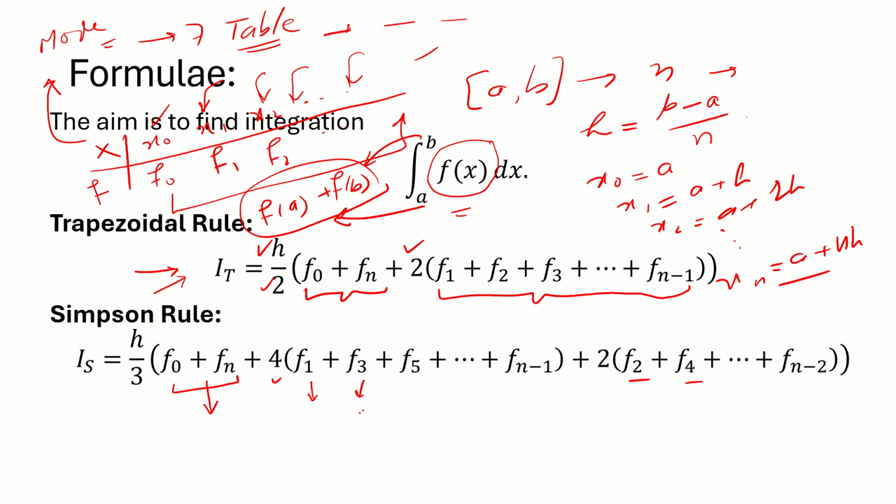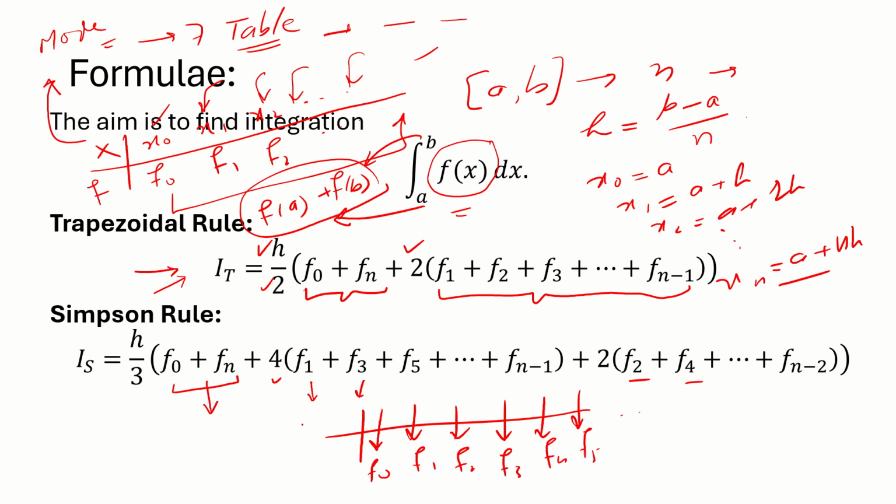From the table you can see that this is the first position, that's f naught. This is the odd subscript f1. This is the even subscript f2. This will be the odd subscript f3. Then we have f4. Then we have f5, and so on. Okay, keep that in mind. And then the last one should be f6 or something like that.